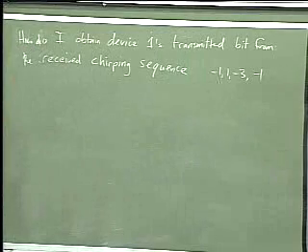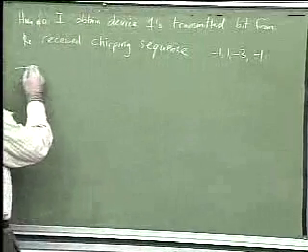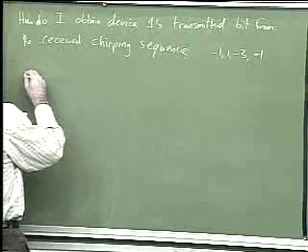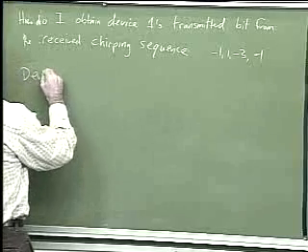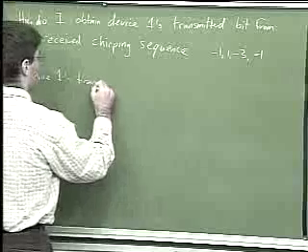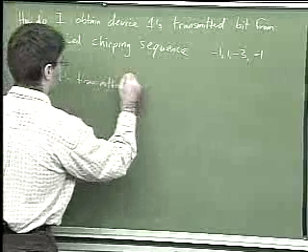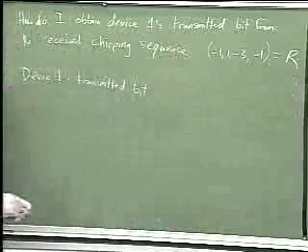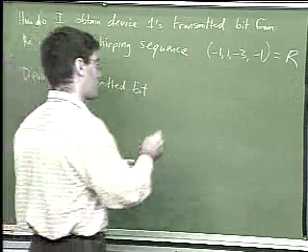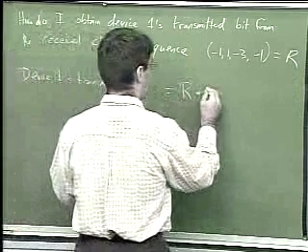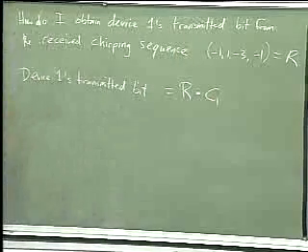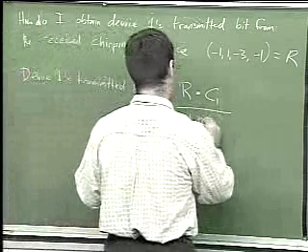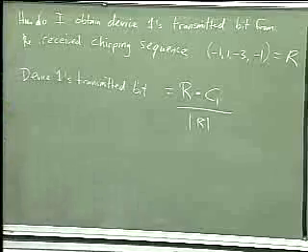Right? And the way you do it is, the device 1 transmitted bit, so let's call this R, the received sequence, is going to be R dot product with device 1's chirping sequence, okay, divided by the size of R, or the size of C1.